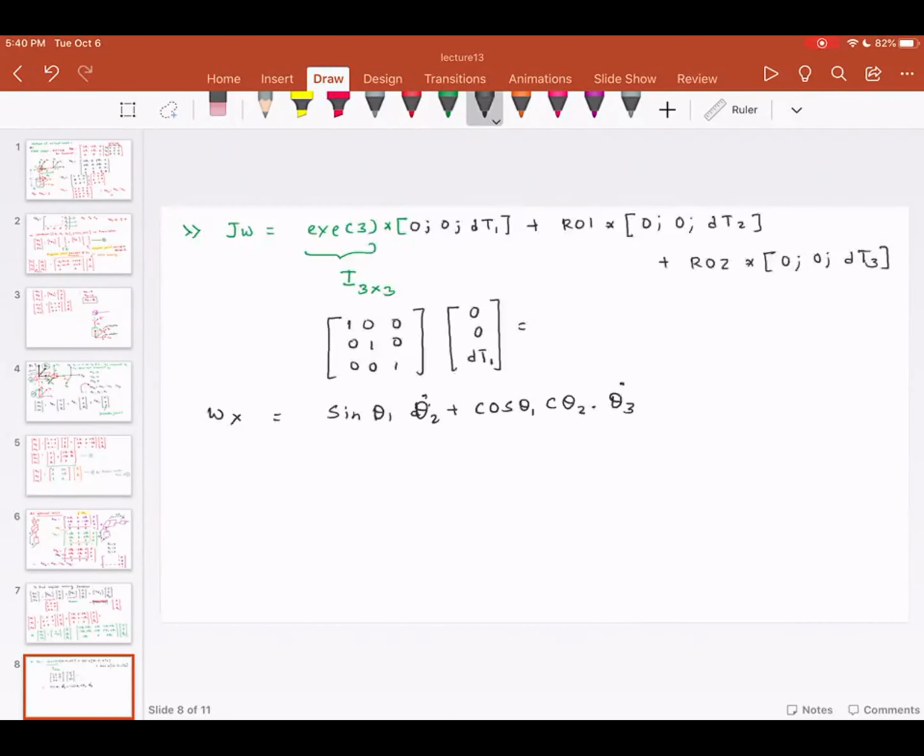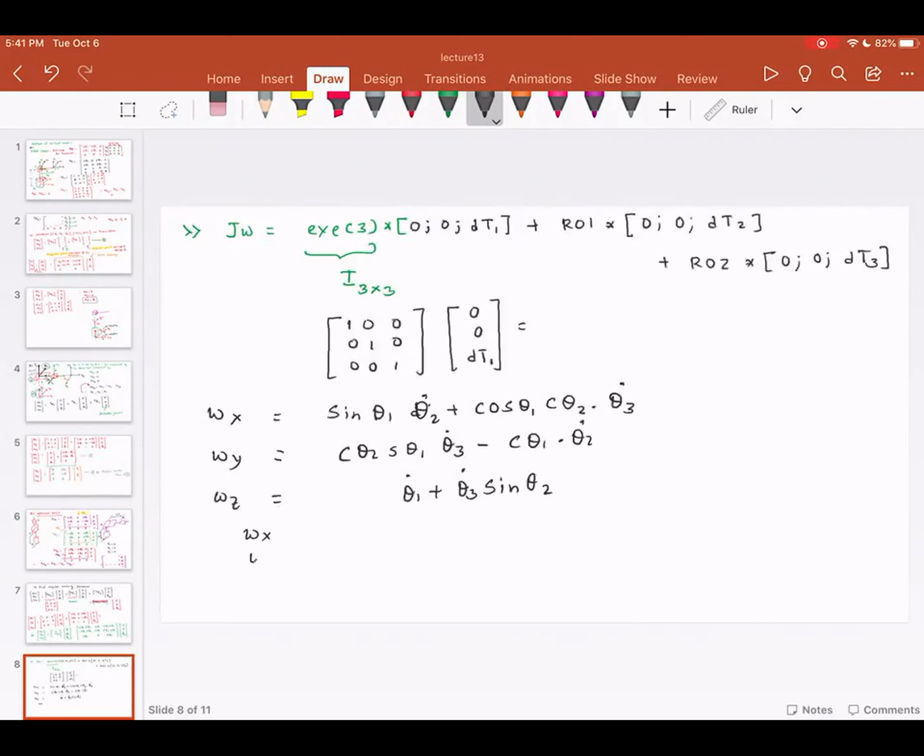Omega y is cosine theta 2 cosine theta 1 theta 3 dot minus cosine theta 1 theta 2 dot. Omega z is theta 1 dot plus theta 3 dot sine theta 2.